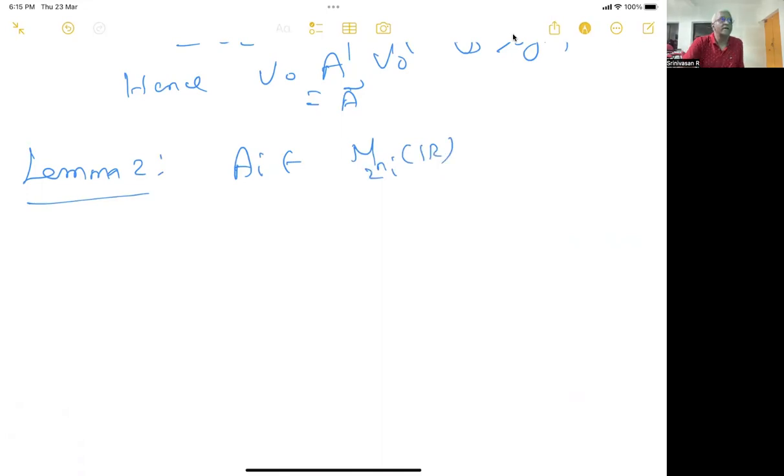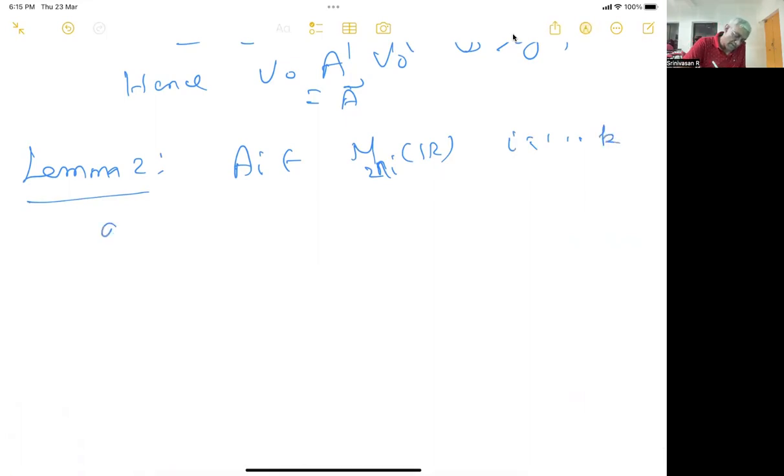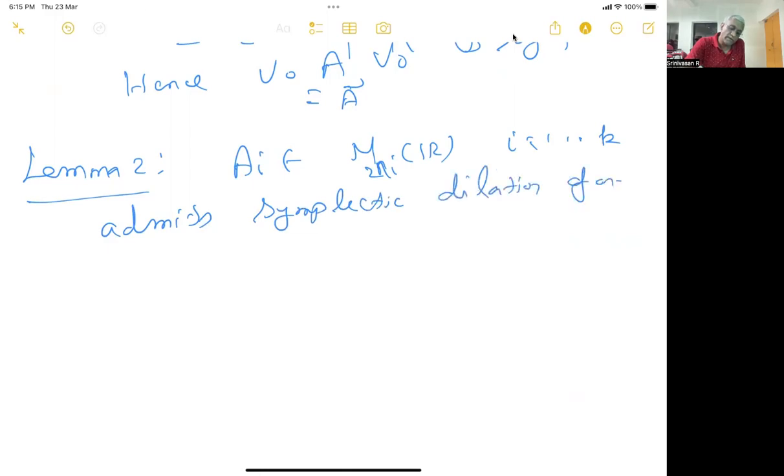You should always have a 2 there, 2NI, for I equal to 1 to K, admits symplectic dilation of order 2NI plus MI. And we have Pi greater than 0 and summation Pi equal to 1.